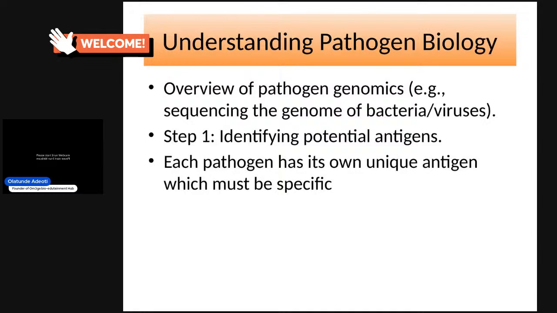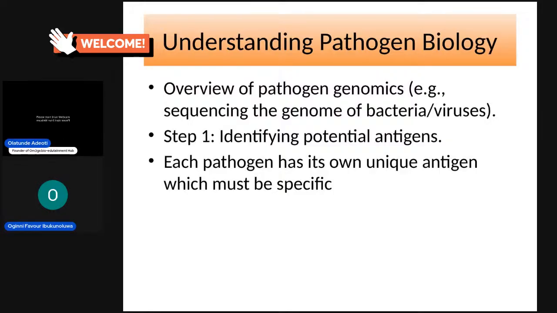So the first thing is you have to identify the potential antigen. What weapon do they have that they are using as an antigen? Don't forget that I told you that antigens are foreign. Apart from being foreign, they have the ability and capability to trigger an immune response.